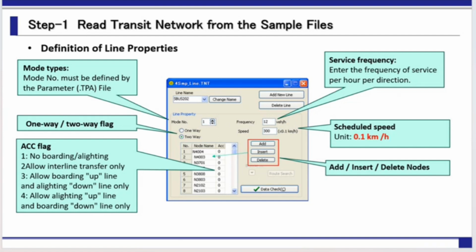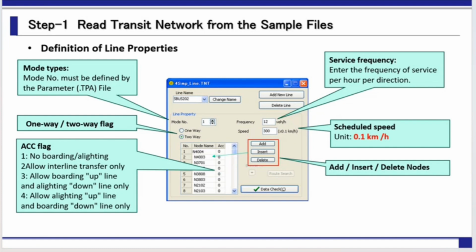And whether this bus route is a one-way route. Sometimes this is a so-called circulate or loop line. In those cases, there might be one-way transit lines. However, usually there are two ways. In some countries or some cities, there are so many one-way roads. I'm not sure about your countries.